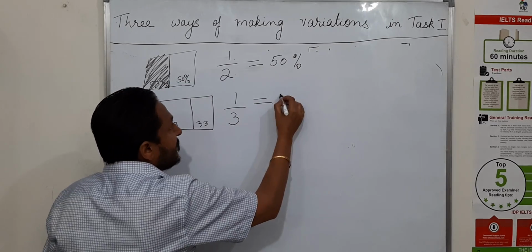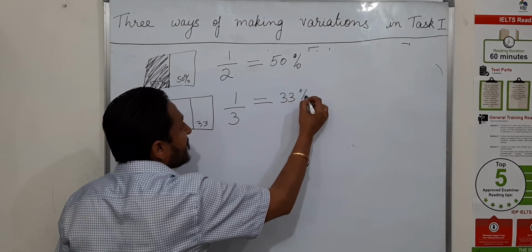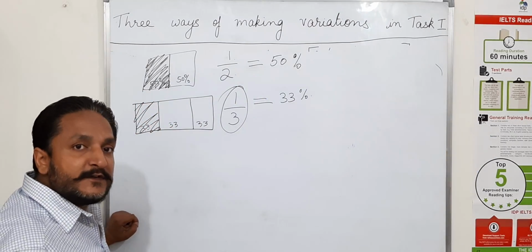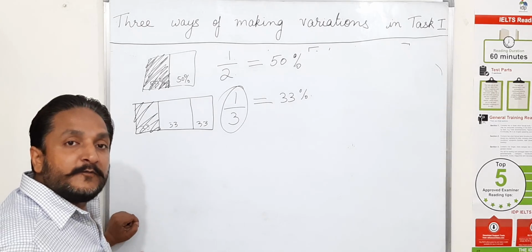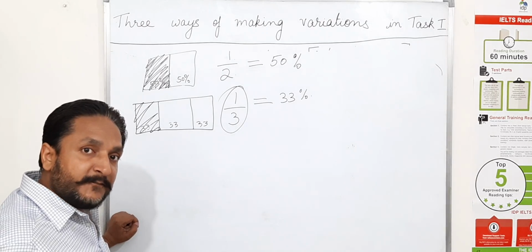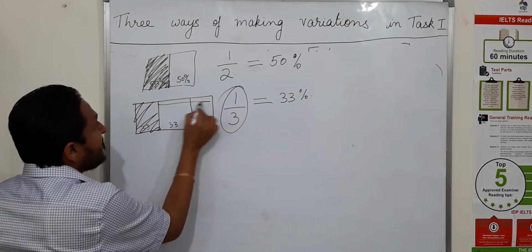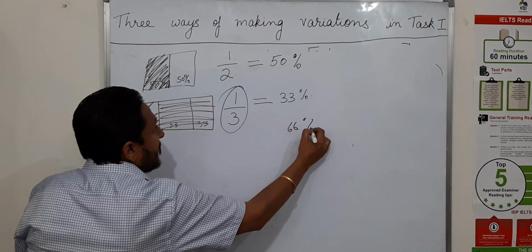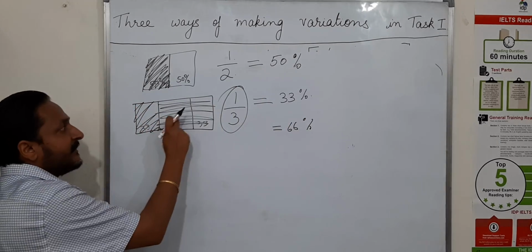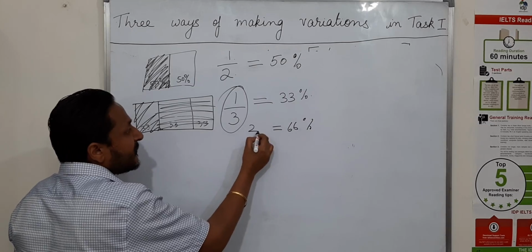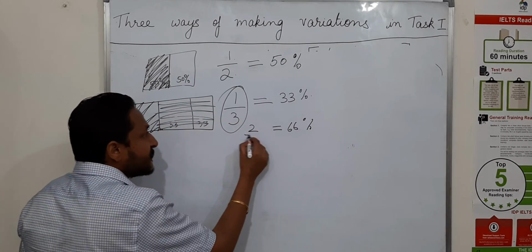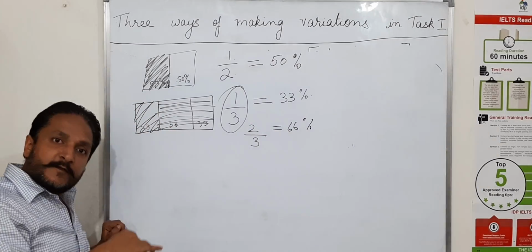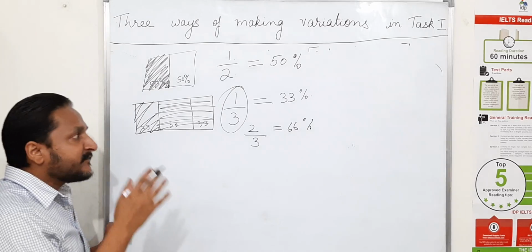So wherever you see 33%, you can also say 1/3. 1/3 of the total population in India was of more than 55 years in age. And how much will this be? This will be 66%. And in terms of fractions, there are 2 parts. 2 will come in the numerator. The total number of parts are 3, which will come in the denominator. So wherever you see 66, 67, 65, you can put it as 2 by 3.